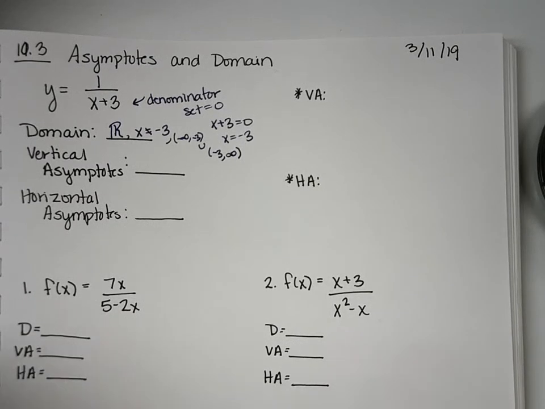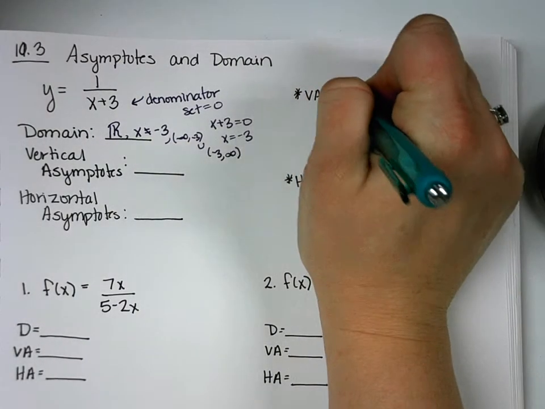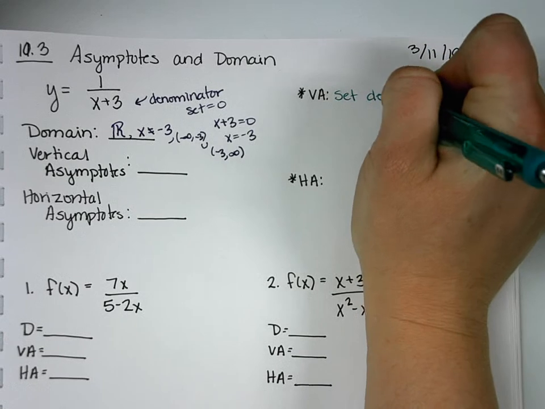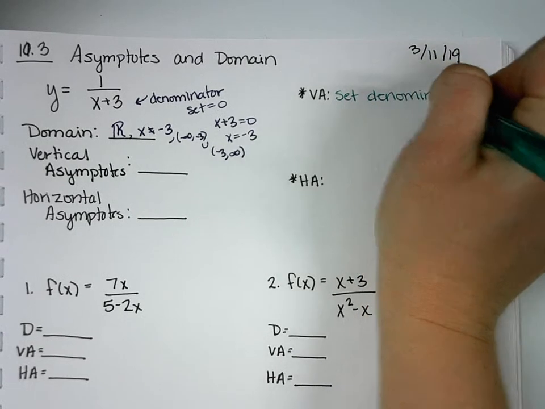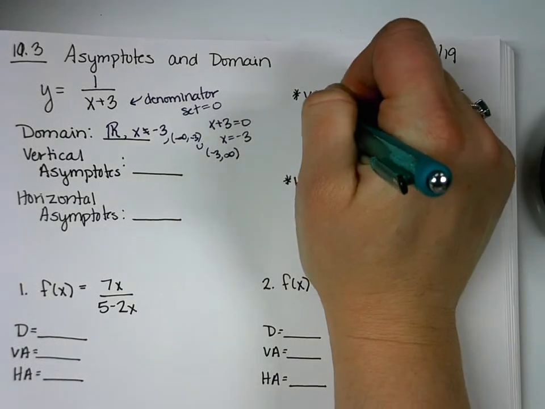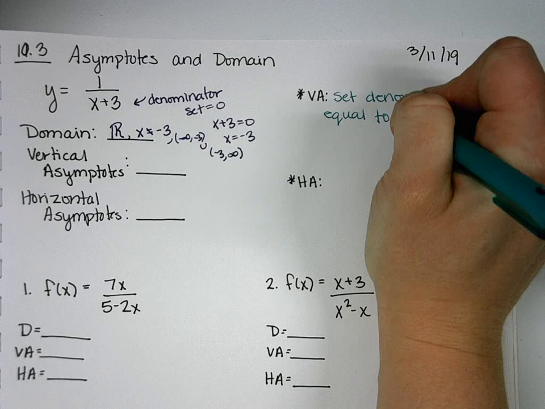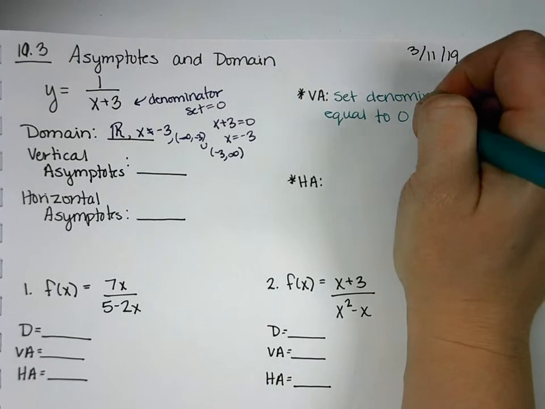Okay, then we're also going to look at finding our vertical asymptotes. So for vertical asymptotes, you set the denominator equal to 0 and solve.